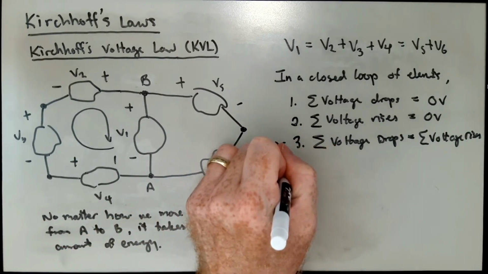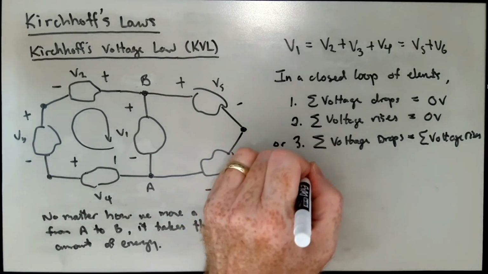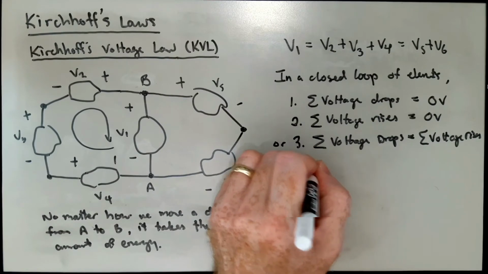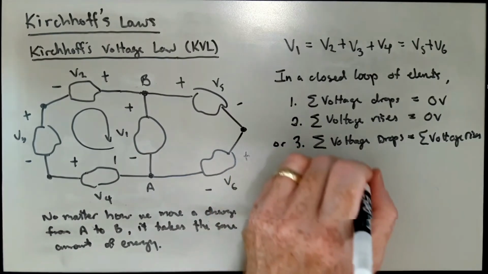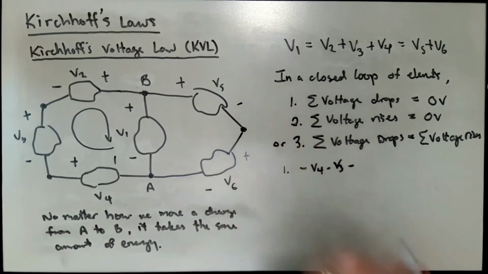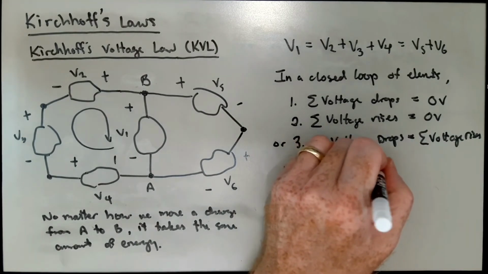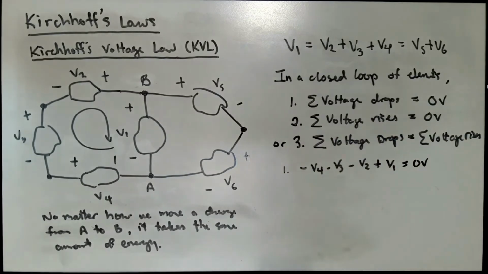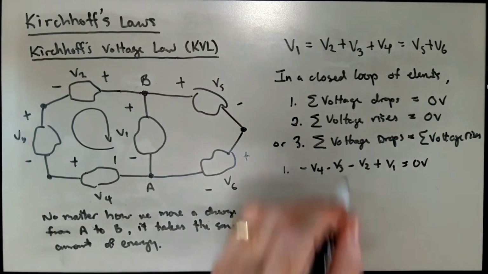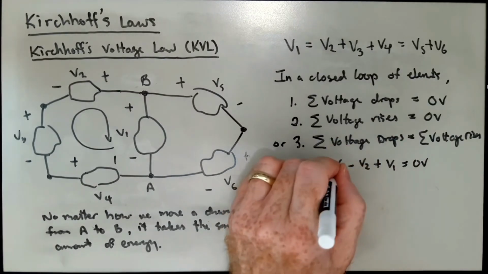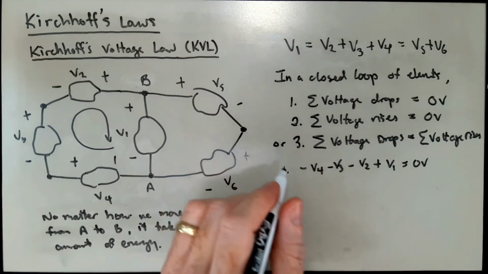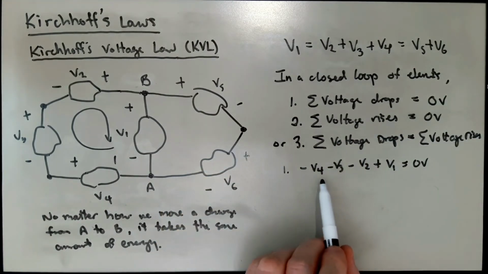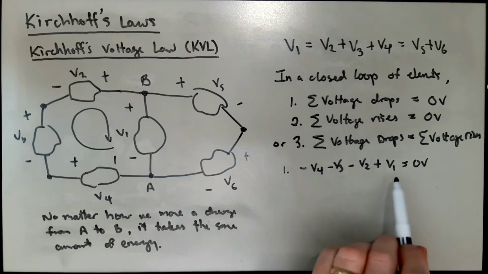So our example for statement 1, we might write minus V4, minus V3, minus V2, plus V1 equals 0 volts. Okay, so we have 3 voltage rises, which are negative drops, and 1 voltage drop, which is positive in this equation.